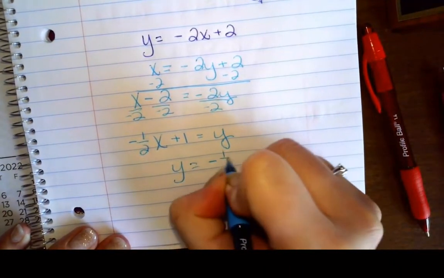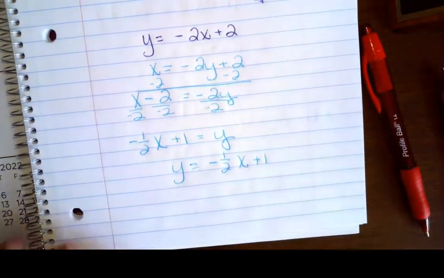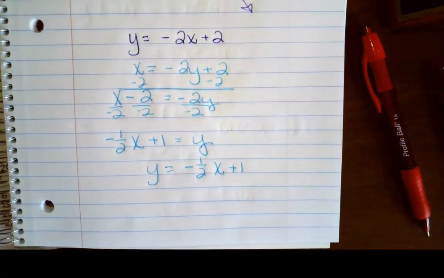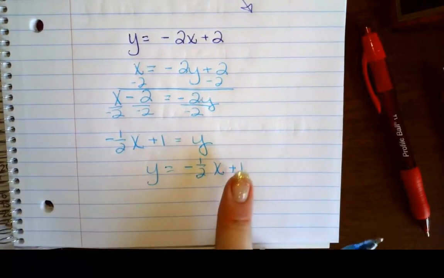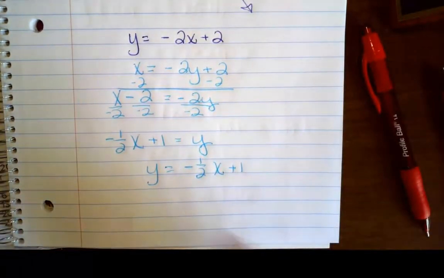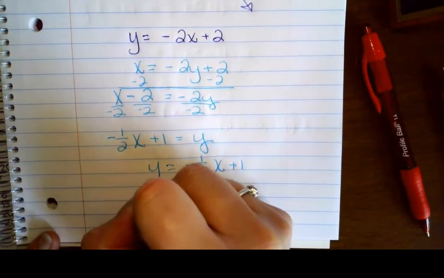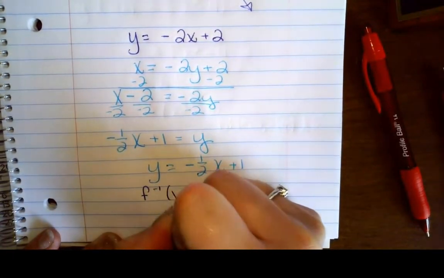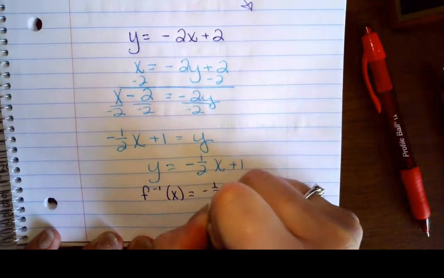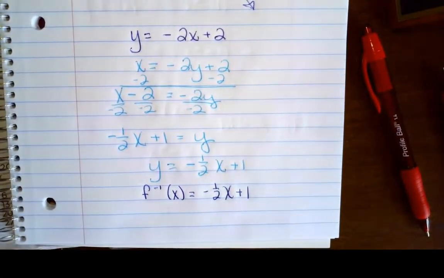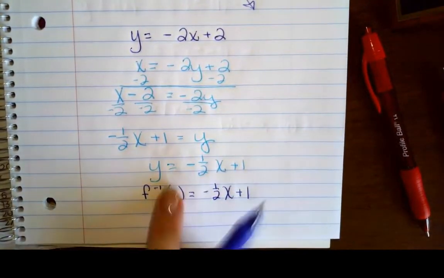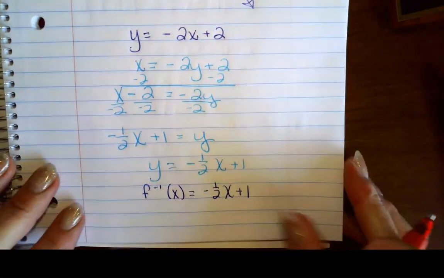So you're used to seeing it in that format. So this is going to be the equation of my inverse. So now I can rewrite it a final time, and I can say that is now the inverse of my original f of x. So just for kicks, let's graph it.